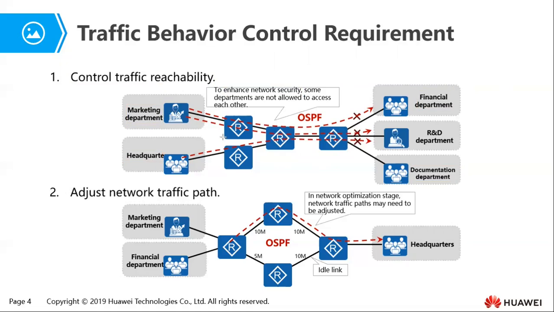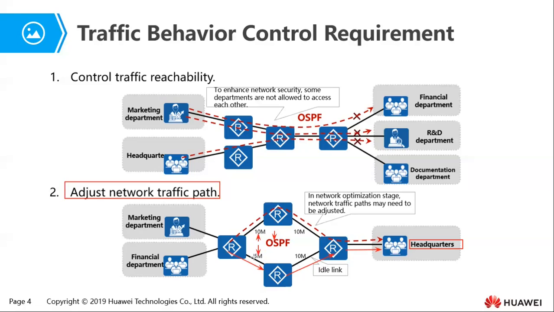And the second bit now is on adjusting the network traffic path. So the marketing department can access the headquarters via this route or this route. The reason why this route is not being used is because we are using OSPF between these routers, and OSPF is going to compare the link cost.